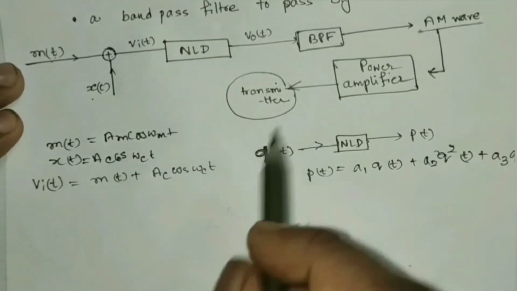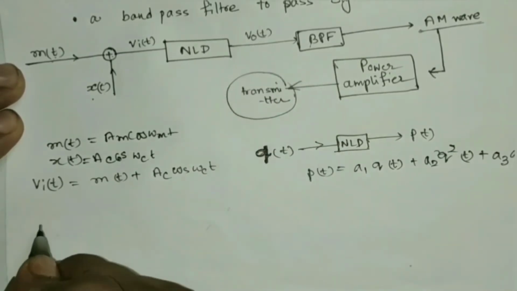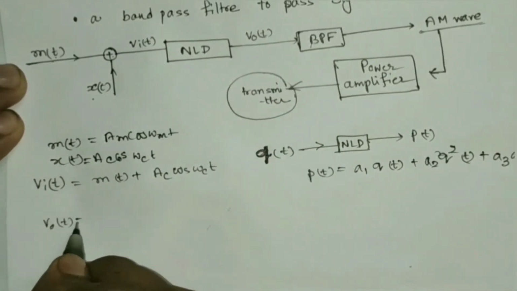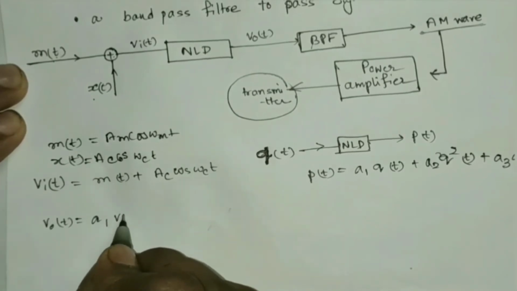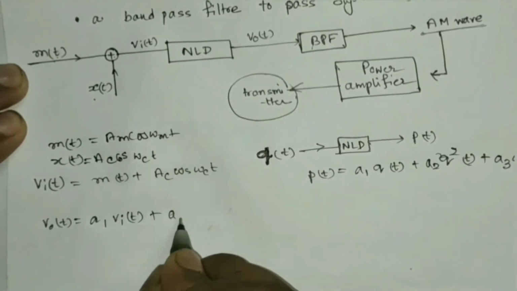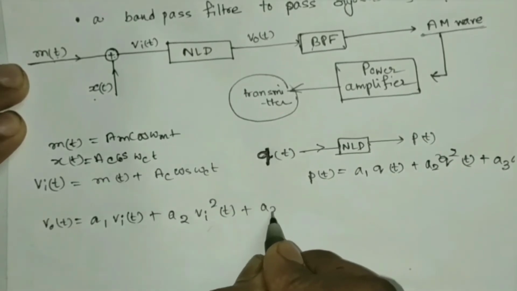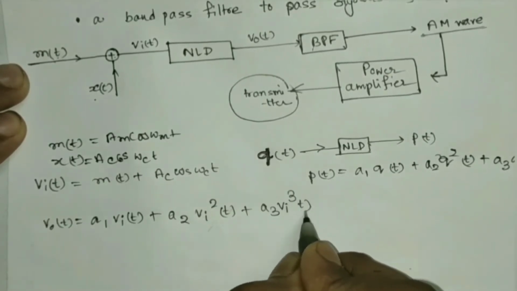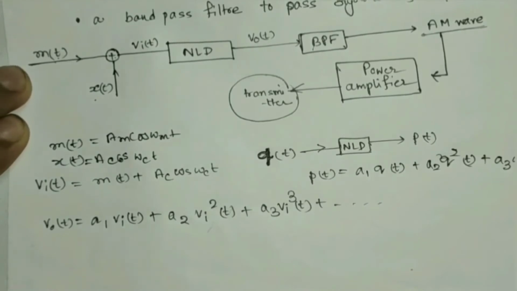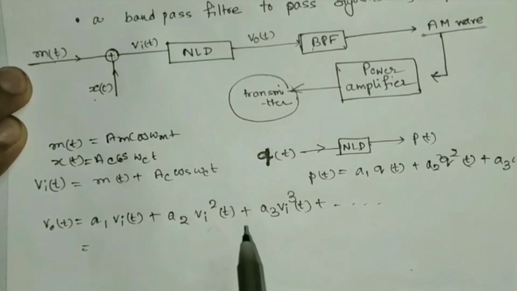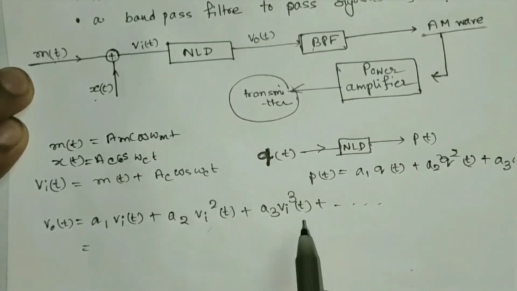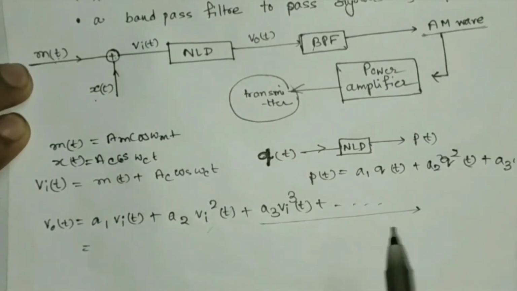So here this VO(t) will be a1 VI(t) plus a2 VI square t plus a3 VI cube t up to n terms, and we are neglecting terms after the square term because these terms are of negligible values.